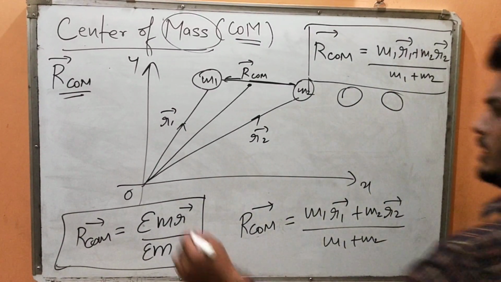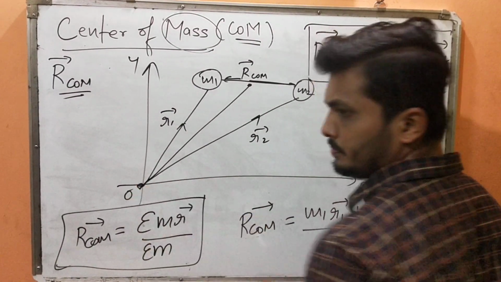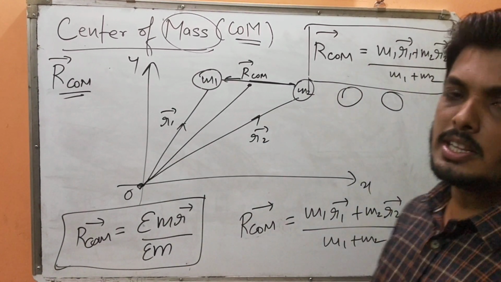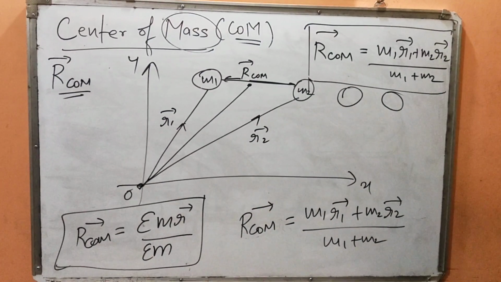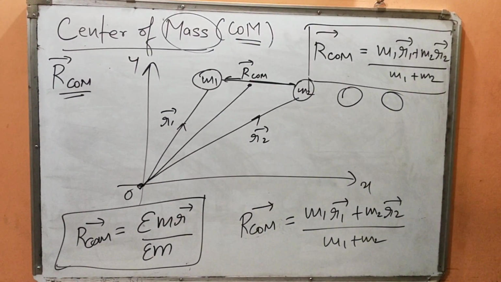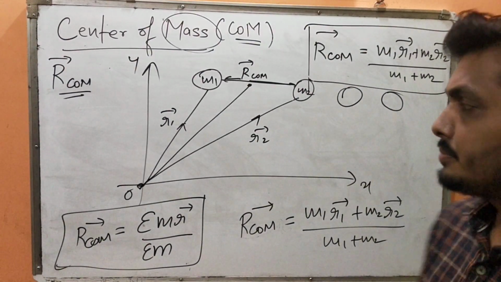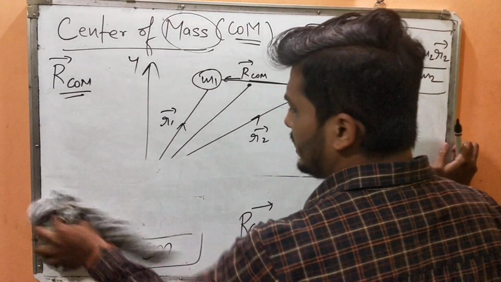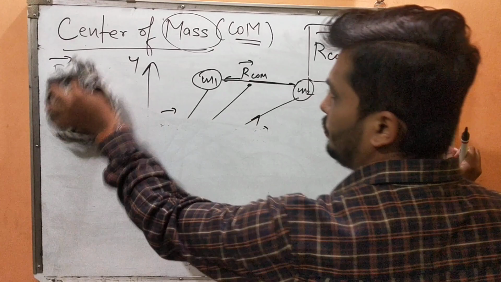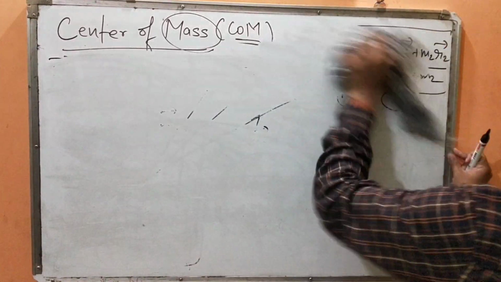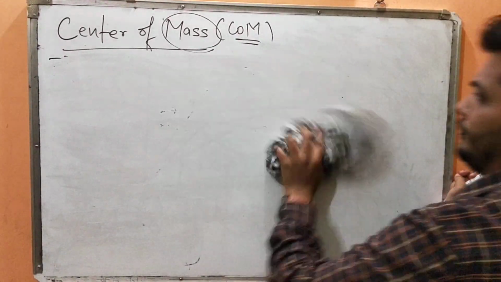It is always important to take the origin. Whenever you are considering the center of mass, it is most important to consider an origin. Without an origin, you cannot define the center of mass perfectly. Okay, the origin can be anything. It's all left up to you. You can take whichever origin you want.